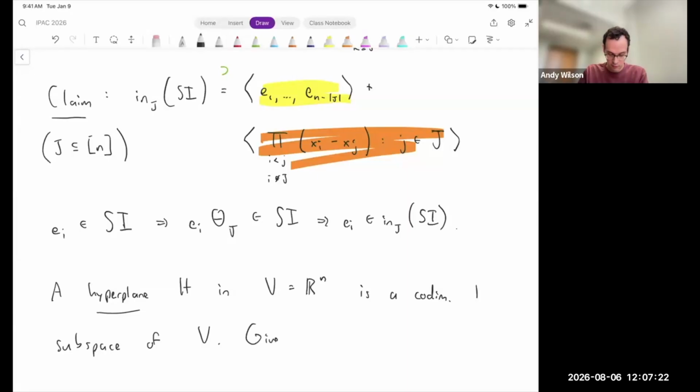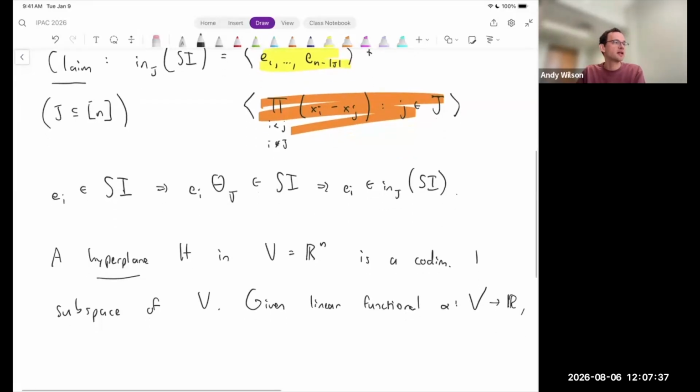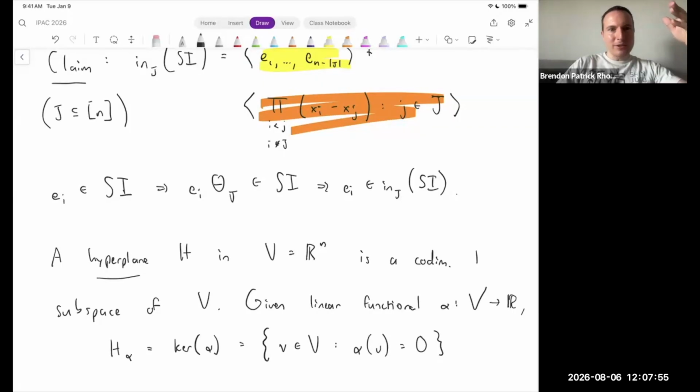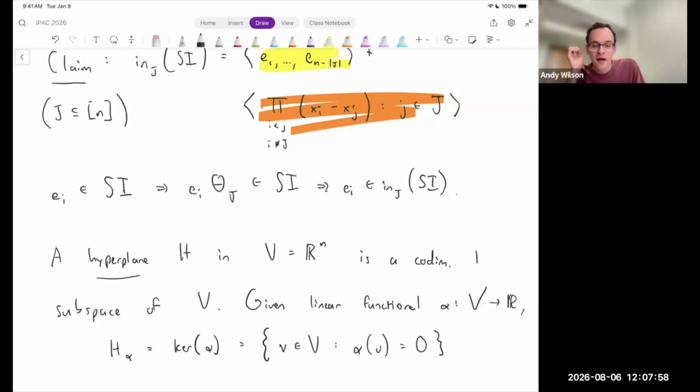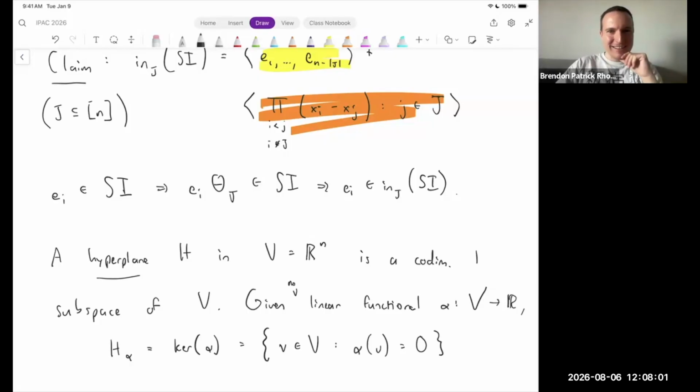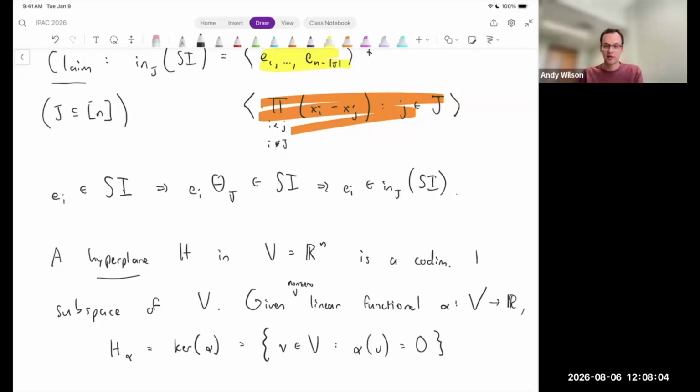Given a non-zero linear functional alpha from V to R, a linear form, we have an associated hyperplane that looks like the kernel of this thing, all the vectors that it sends to 0. These functionals are only defined up to constant multiplication.